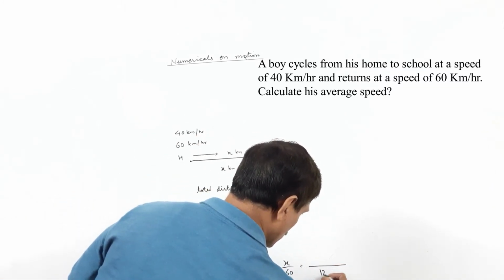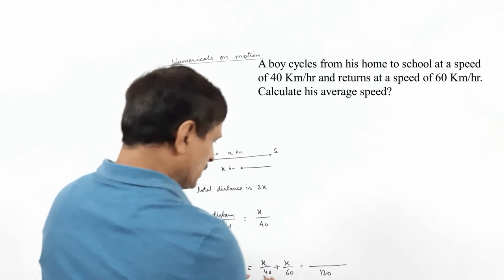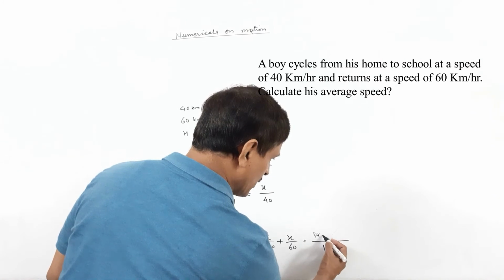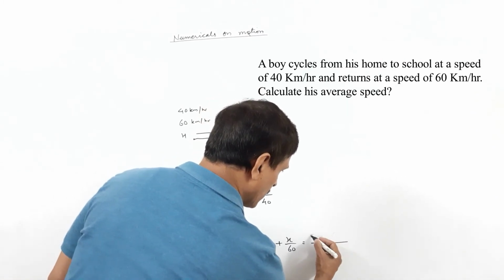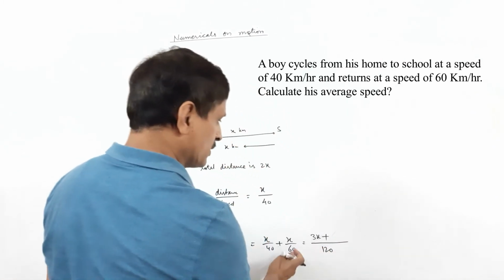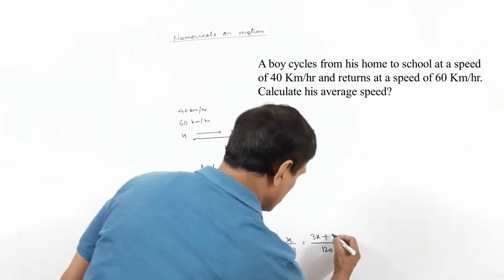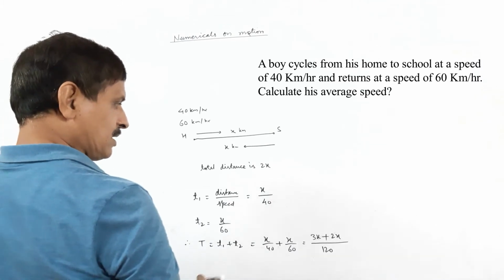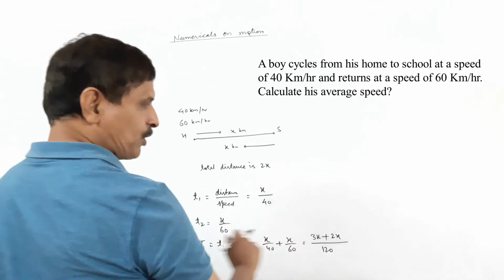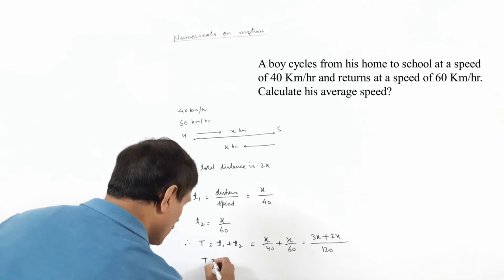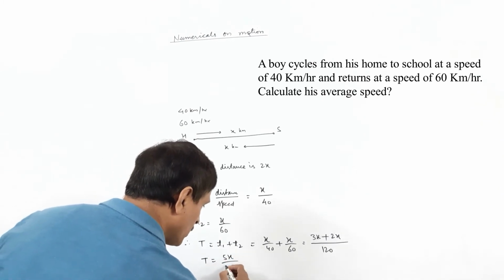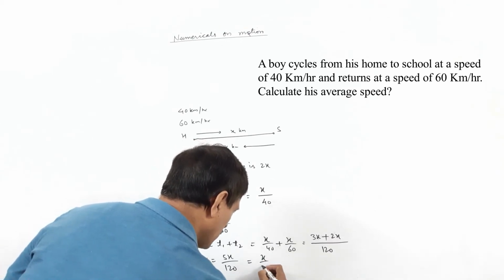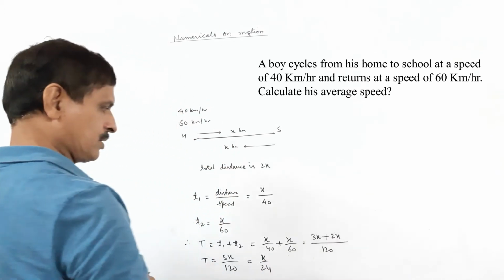LCM is 120. 40 times 3 is 120, so thrice of x, plus 60 times 2 is 120, twice of x. Thus total time is 5x upon 120, that is equal to x upon 24 hours.